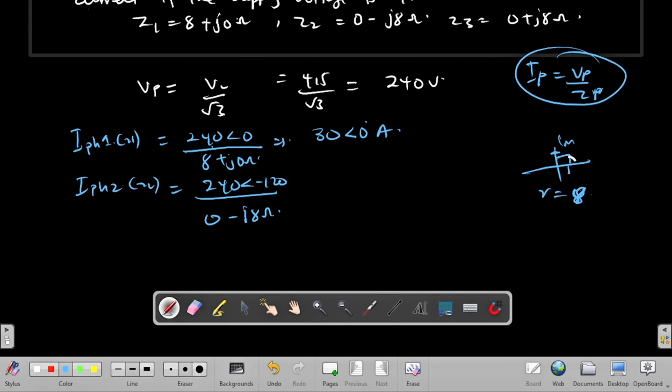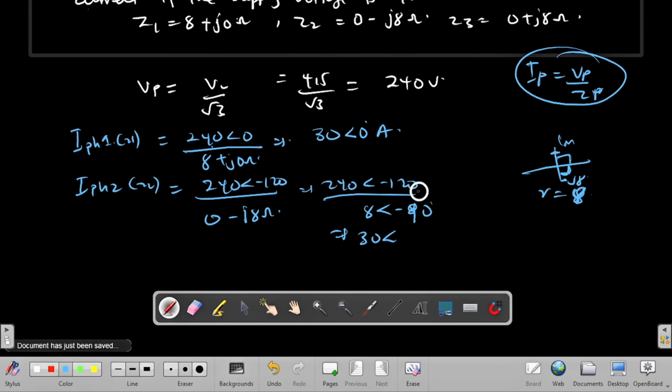Sorry, it will lie on the negative side, negative 90, because it's negative j8. So this simply becomes 240 angle negative 120 over 8 angle negative 90. Then 240 divided by 8, you get 30, and negative 120 minus negative 90, which is negative 30 degrees. Amperes.